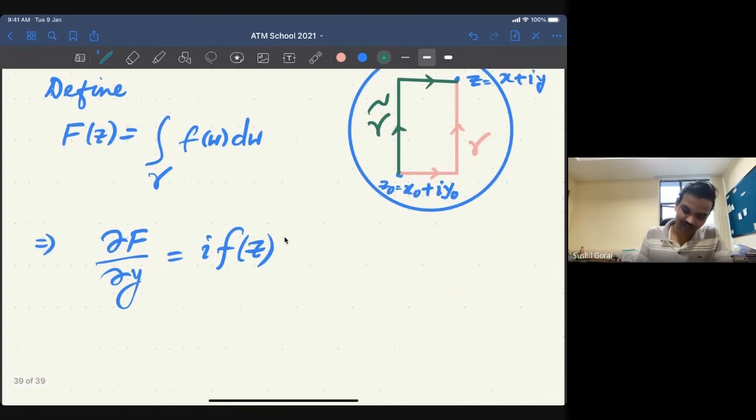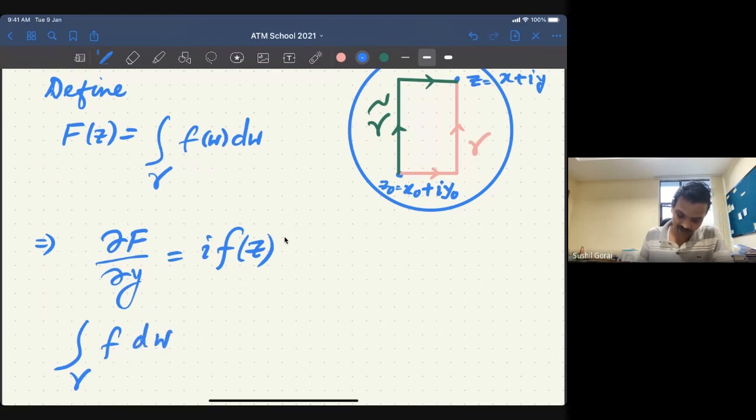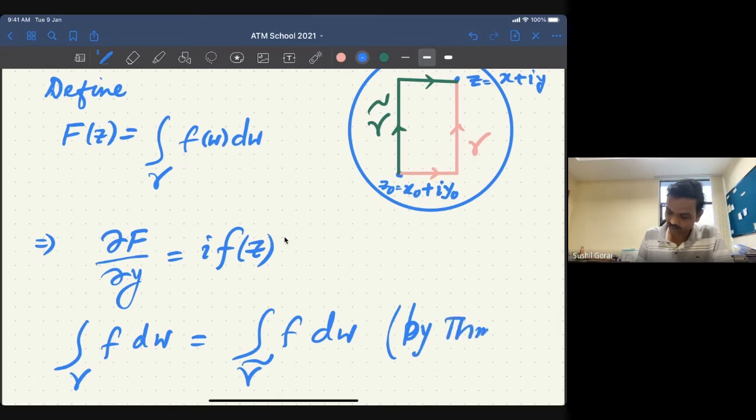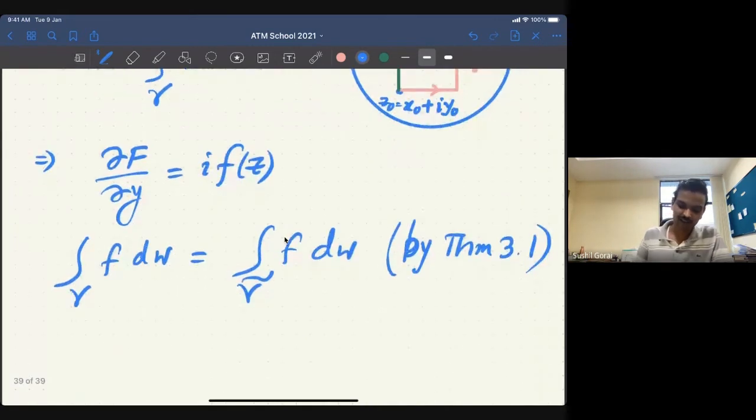So integration over gamma of f dz, or dw, is equal to integration over gamma tilde of f dw, right? By theorem 3.1. All right.